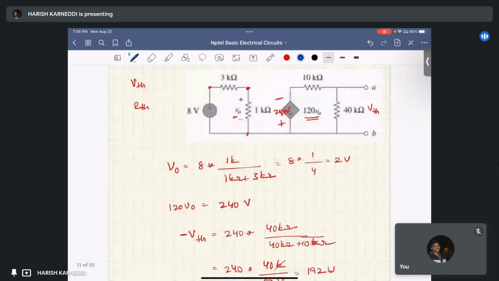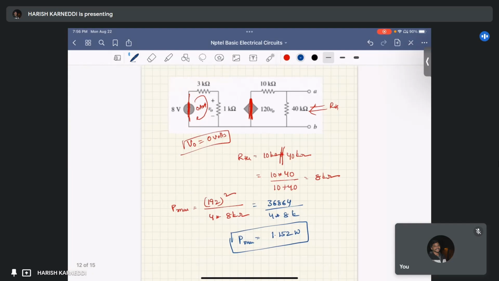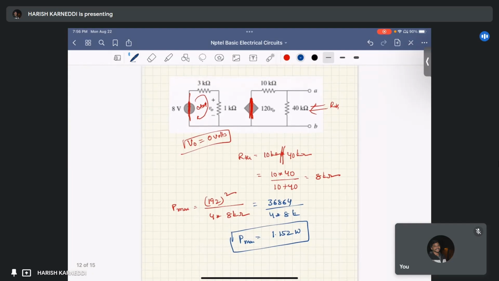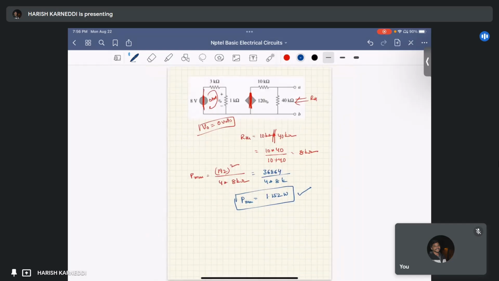First we found the Thevenin's voltage, which is minus 192 volts, and the Thevenin's resistance, which is 8 kilo ohm. So from Pmax equals VTH square by 4 RTH, we found the maximum power, which is 1.152 watts. I hope this is clear.